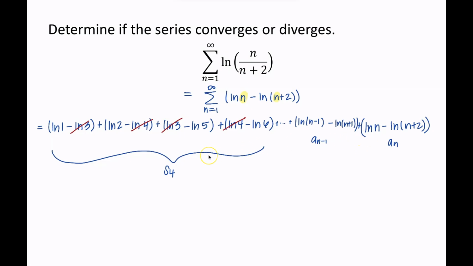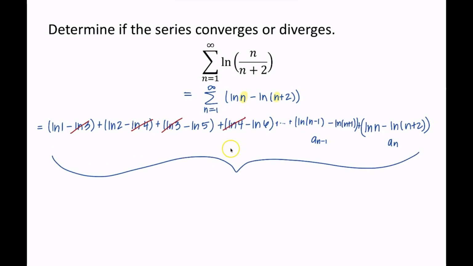Okay, so now the formula for s sub n: what we know that's left over is the last piece of the last term and the last piece of the second to the last term. Those are going to be the only pieces that are left over. So let's cross out everything else.